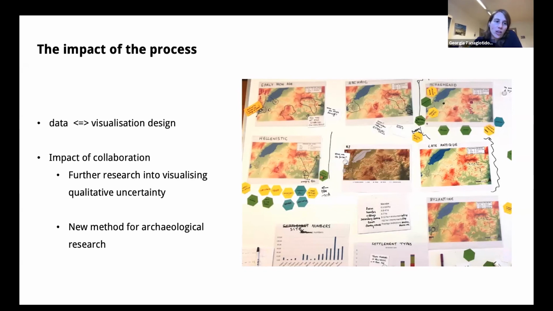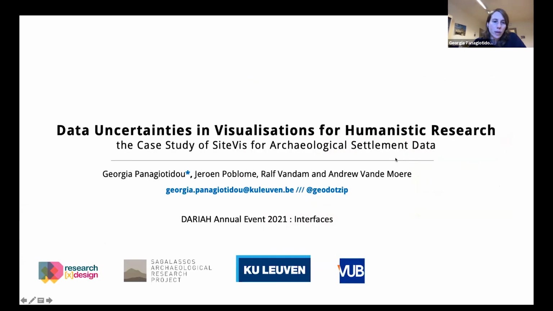On the other side, the archaeologists used the interface once and made research conclusions on it, but we saw that it impacted their broader understanding of what kind of methods can be relevant for their field, not just the specific one we created.